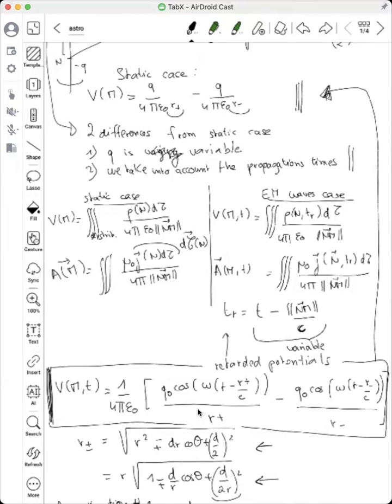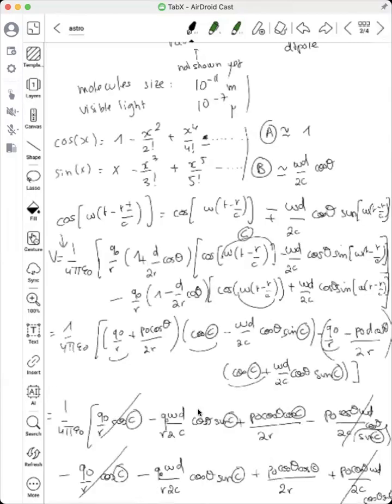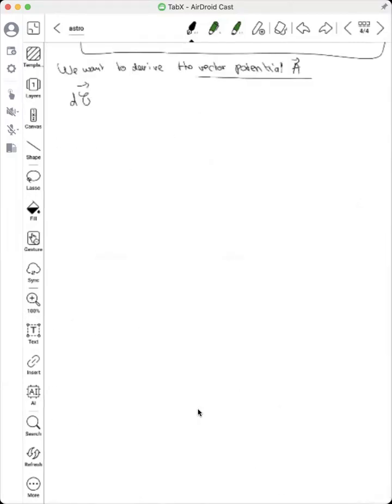The key here is to remember how to write dC, the current element. If you remember, dC is equal to I dz. Easy. This is what we have in the case of a string.